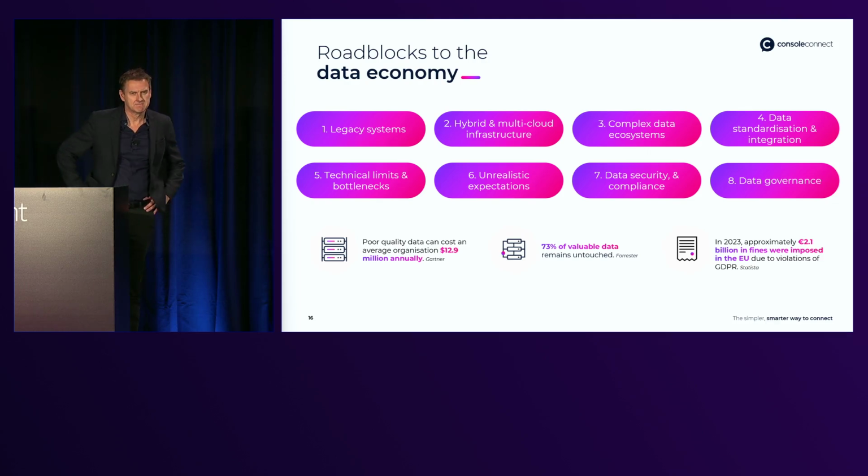Legacy systems. Number one, legacy systems. It is very, very difficult to move data in and out of legacy systems. So a lot of big, large enterprises are hampered by the past. Then there's hybrid multi-cloud infrastructure. Most businesses operate in at least, I think the average is at least, 3 public clouds. Many are in a lot more than that.